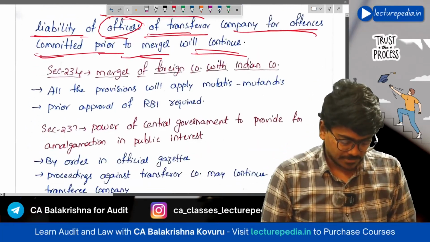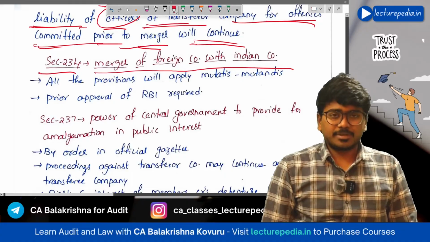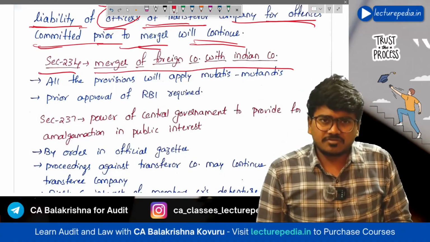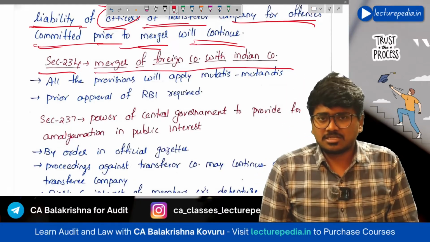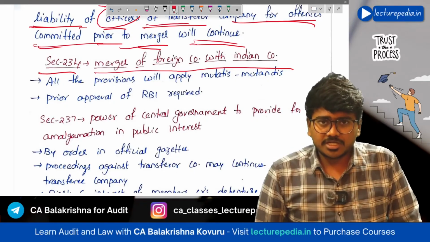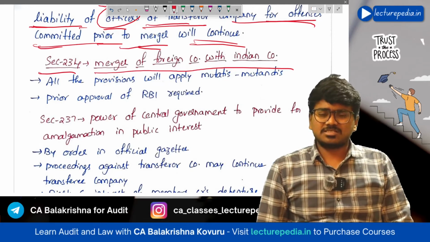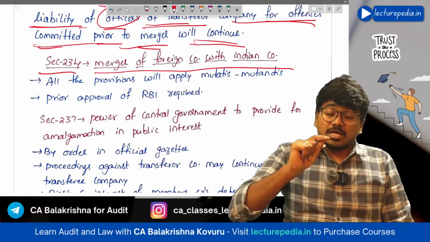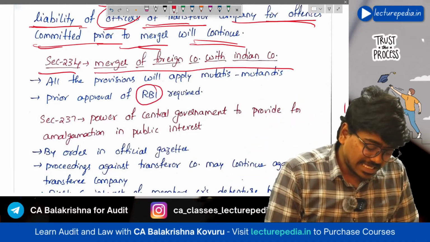Next, section number 234, merger of a foreign company with an Indian company. Even if a foreign company is merging with the Indian company, the same procedure that we have discussed in section 232, that is conducting a meeting of shareholders, making an application to the tribunal, approval by majority of 3/4 value, all those provisions will apply mutatis mutandis, provided that along with those provisions, prior approval of RBI is required.